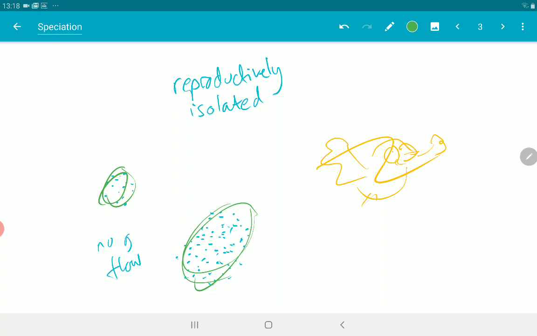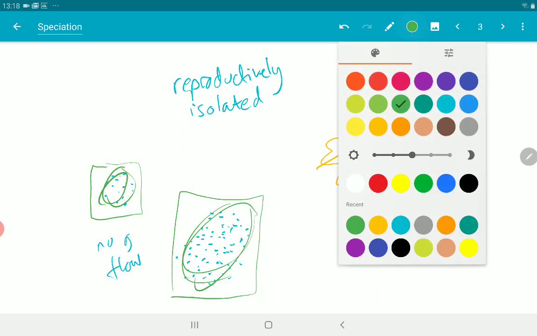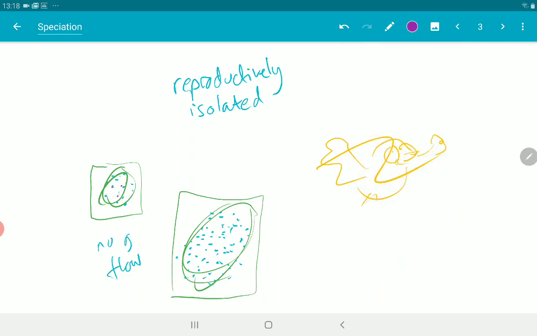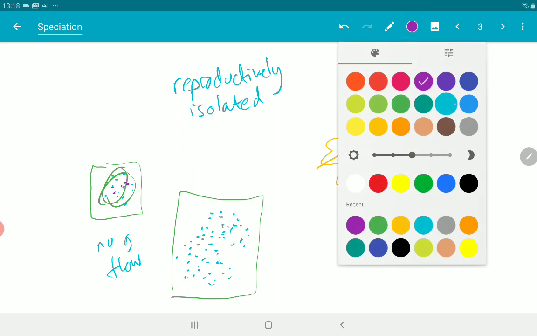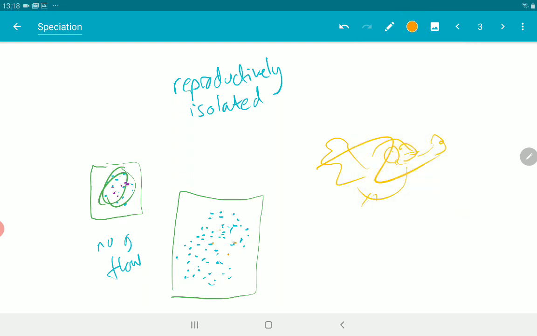Now, are the allele frequencies in this population changing in the same way as they are in this population? Well, no, of course not. They can't be. For a start, any mutations that appear in this population can't get into the other population. Likewise, any mutations in this population aren't going to get into the population over here in the UK.